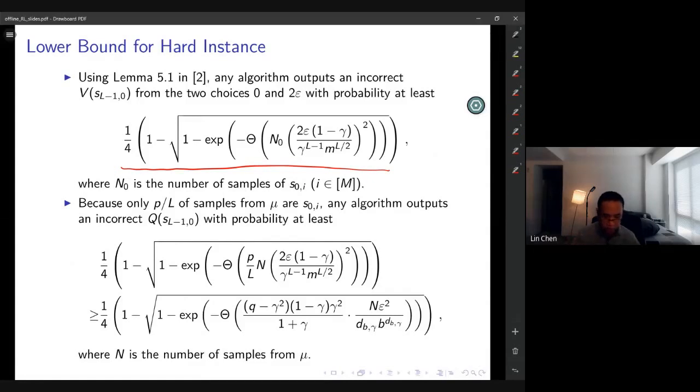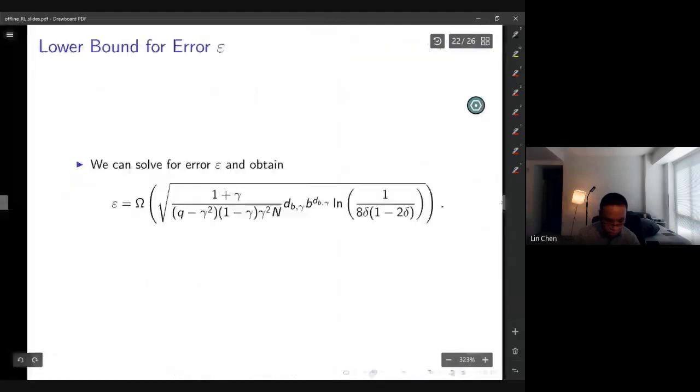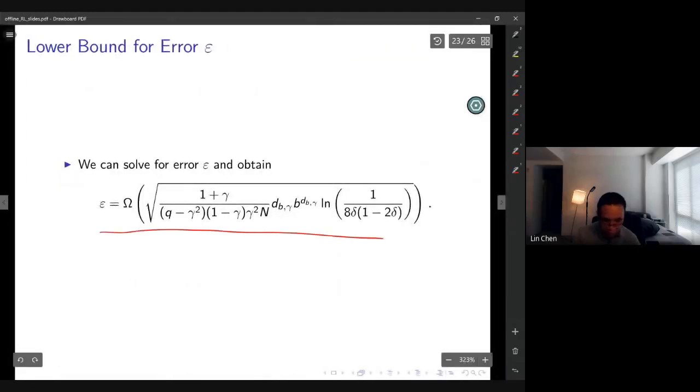If we have n0 samples, then with probability at least this, any algorithm can output an incorrect value from the two choices, 0 or 2 epsilon, and we can translate it to a lower bound on the sample complexity, which is this. So given n samples, we get the lower bound for the error, which is basically exponential in D and root 1 over n.